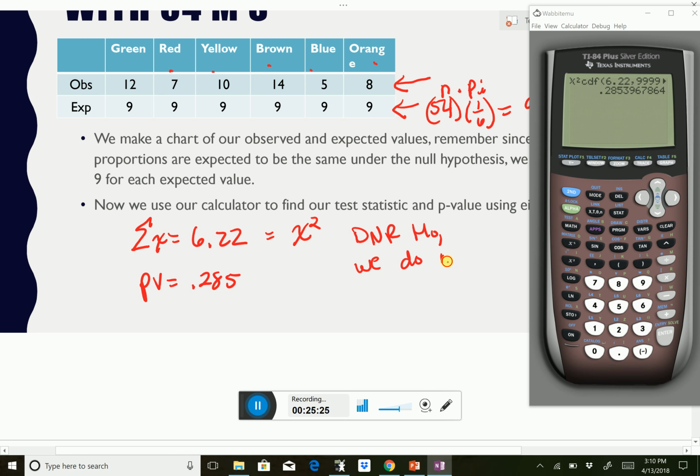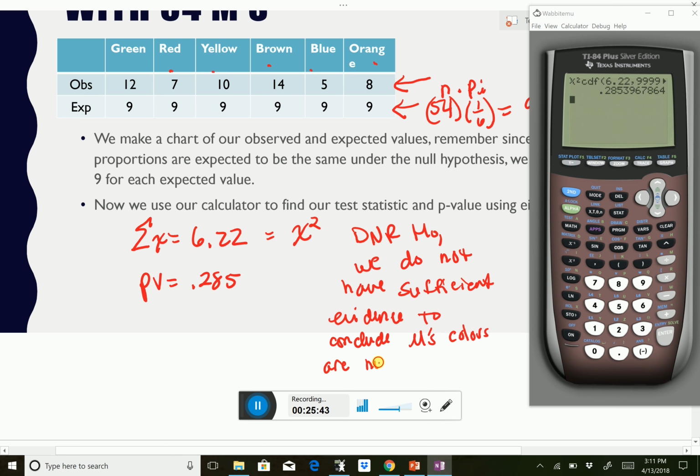And we do not have sufficient evidence to conclude that M&M colors are not equal proportions.